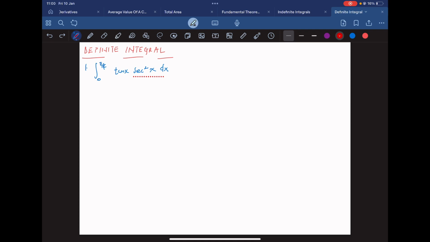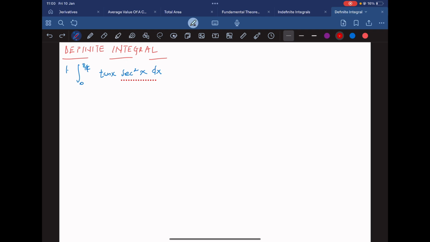So the basic difference between the definite and indefinite integral is just the upper and lower limit that we have in this case. So now let's tackle this. Now to solve this problem, as we did before, whenever you have something with an exponent, we choose that to be our u.